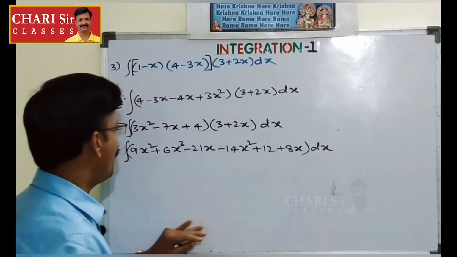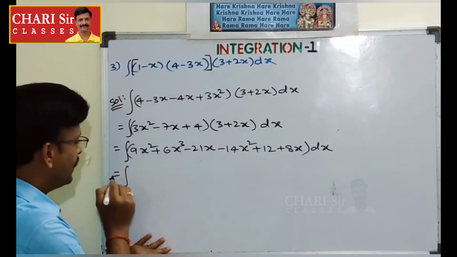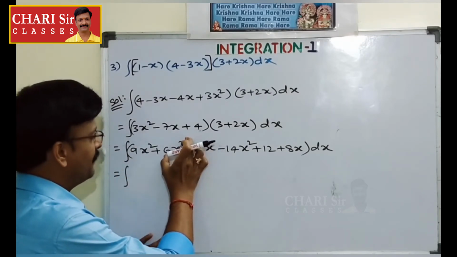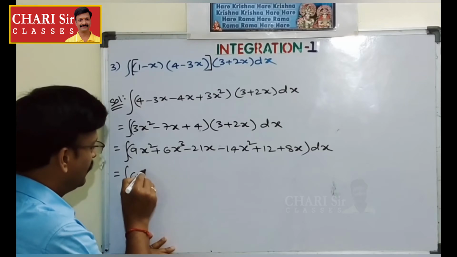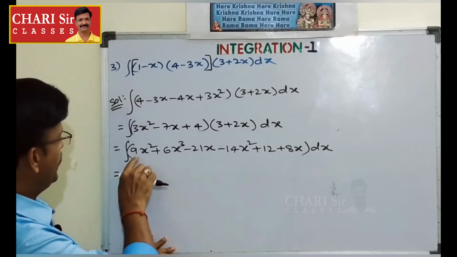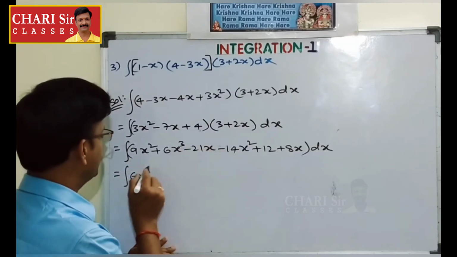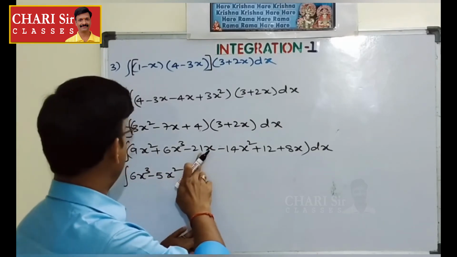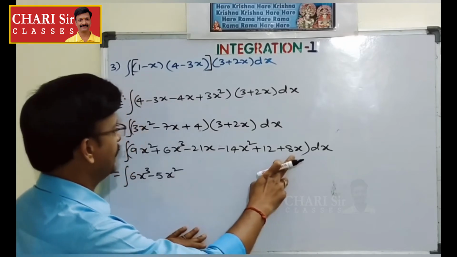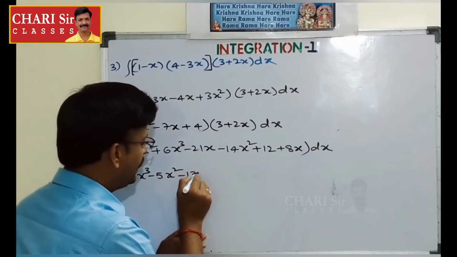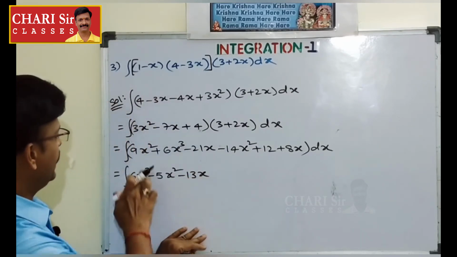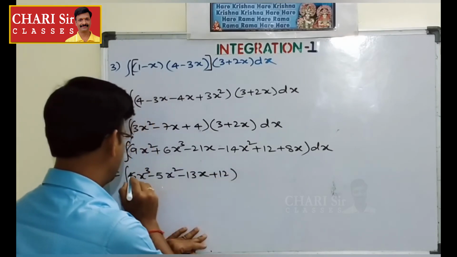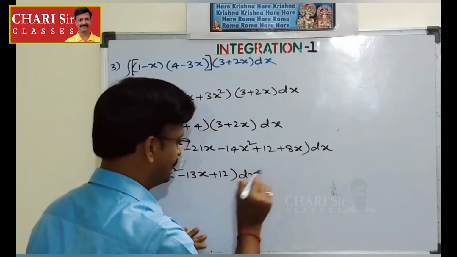Like this. Now we simplify a little bit, and we also write in the descending order of the powers, meaning first the highest power, that is 6x cube, and here 9x square minus 14x square, that is minus 5x square, and minus 21x plus 8x, that is minus 13x. Okay, is there anything constant? Yes, plus 12 for this total dx.